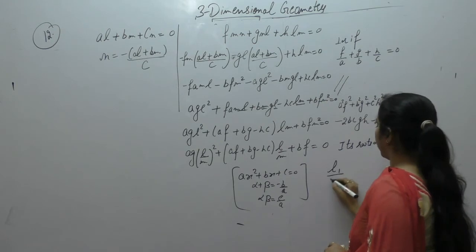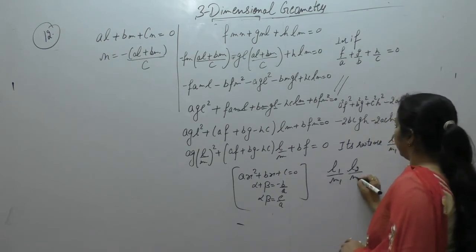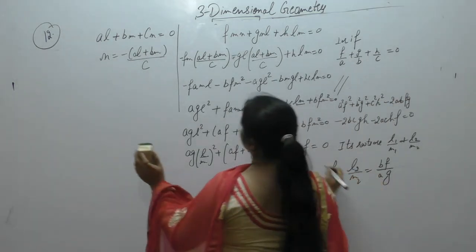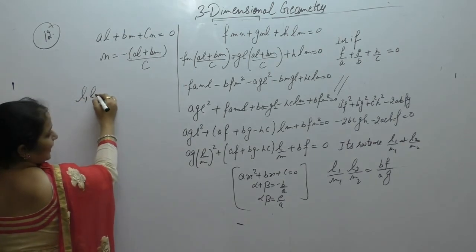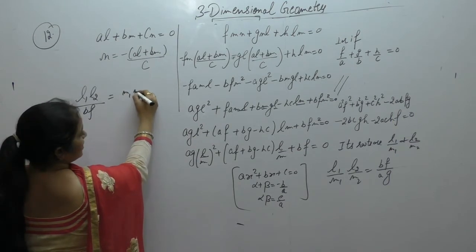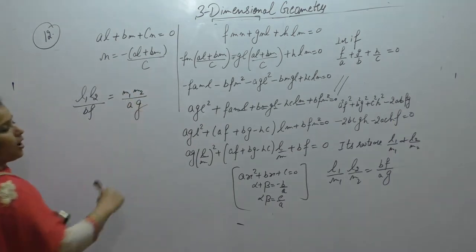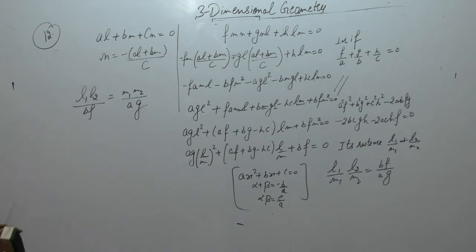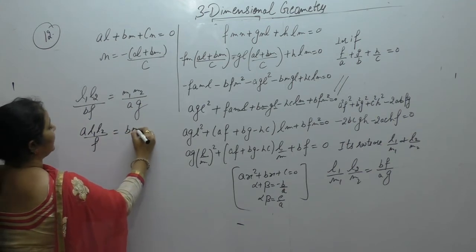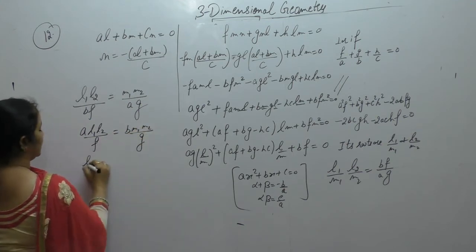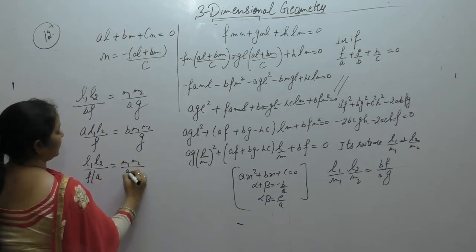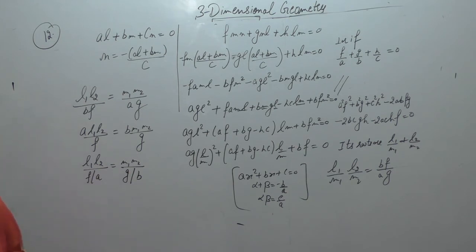Now we want to find the product of roots, C upon A. L1 L2 upon BF is equal to M1 M2 upon AG. We can write it as A L1 L2 upon F equals B M1 M2 upon G, or L1 L2 upon F upon A equals M1 M2 upon G upon B.